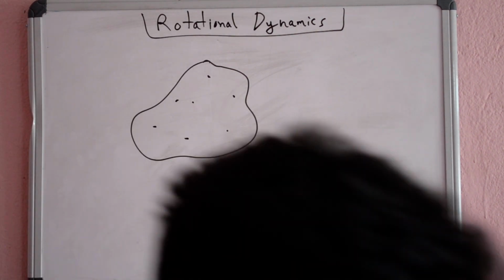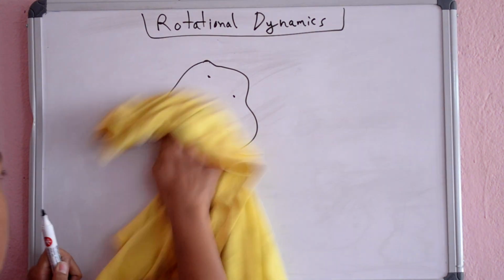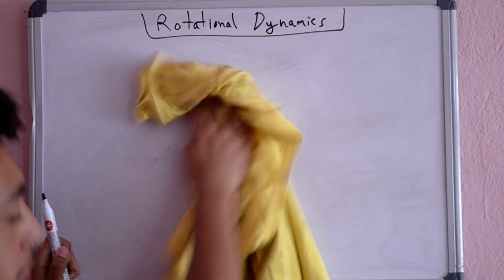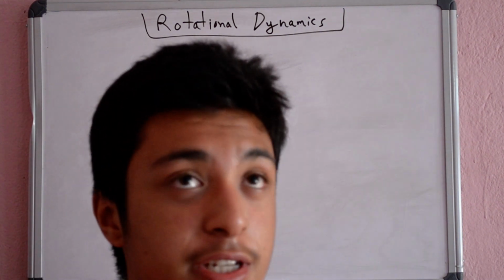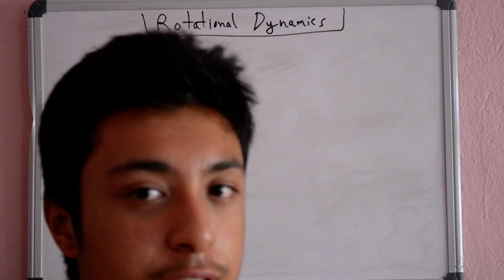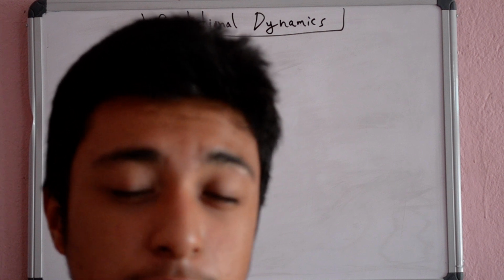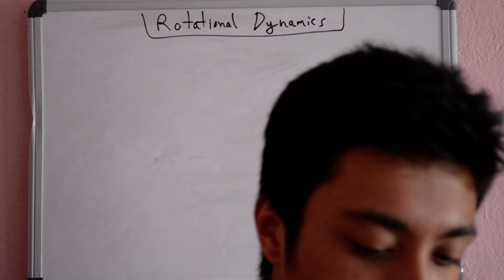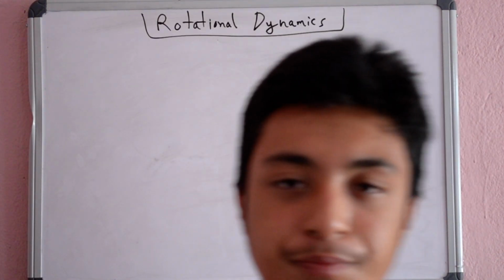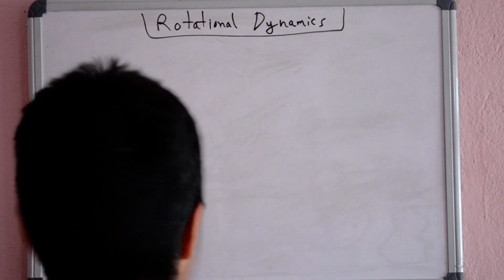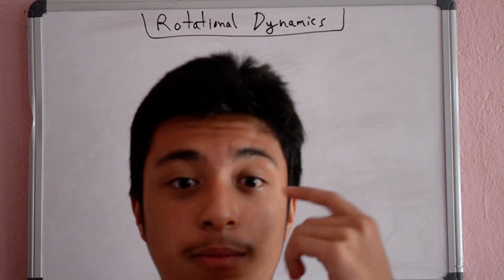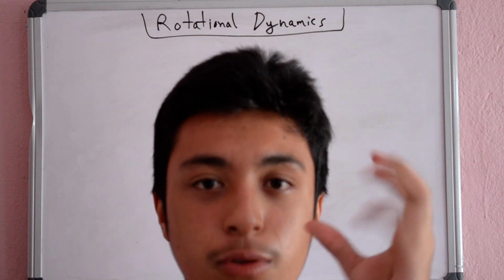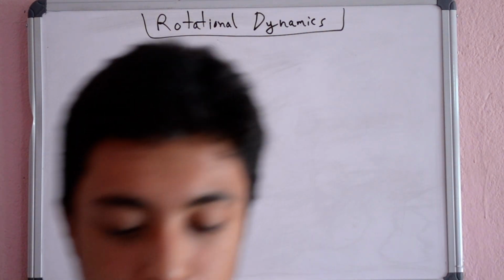Now, for the next one, we have moment of inertia. Moment of inertia is the inertia experienced during rotational motion. So, what does this mean in reality? Let's say I'm rotating very fast and I suddenly stop. Well, my eyes would still be rotating because of moment of inertia.